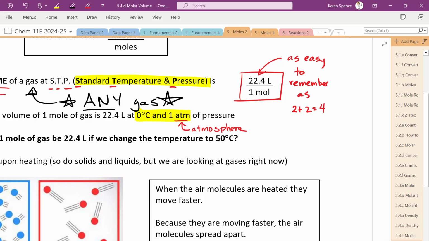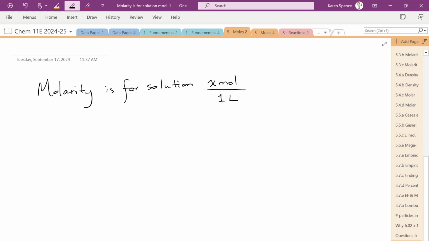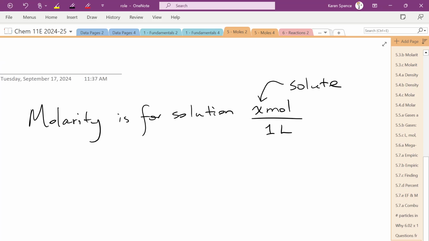Molar volume and molarity are not the same thing. It's a good question. Molarity is for solutions. It is moles per 1 liter. So we have some number of solute moles per 1 liter of solution.